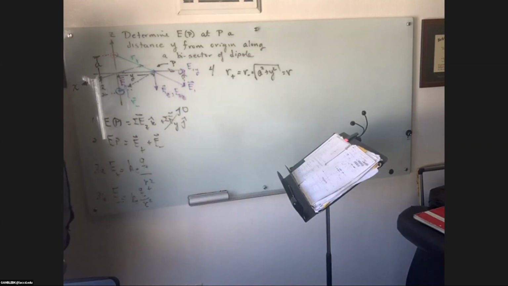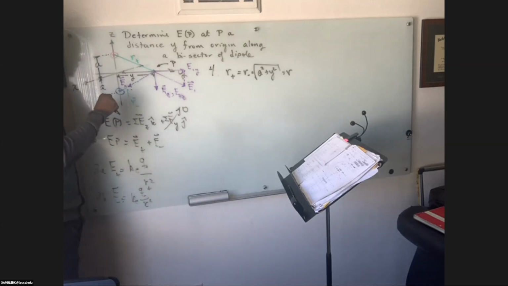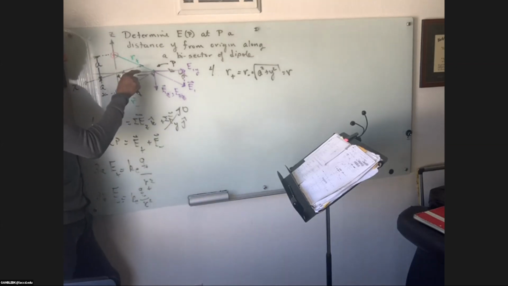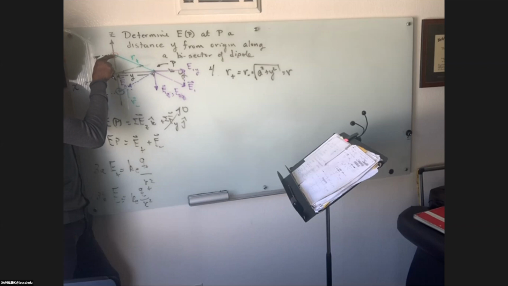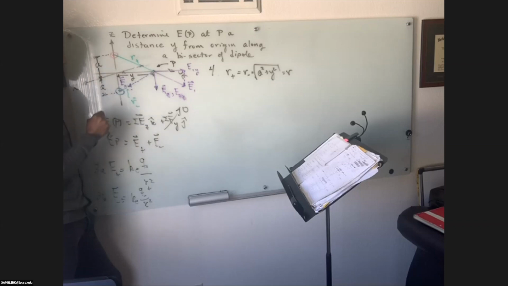So I'll write that as one equation. Now, we could also write r plus as a vector quantity, right? Because I get to the field point two ways. I can go directly from the place where the charge is to the field point, or I can go along the negative a direction and then along the positive y direction.